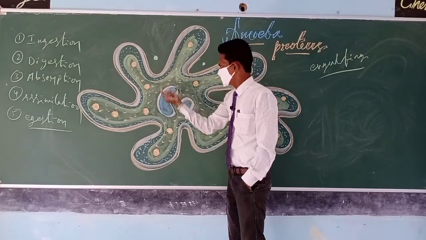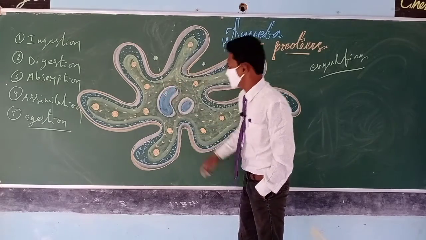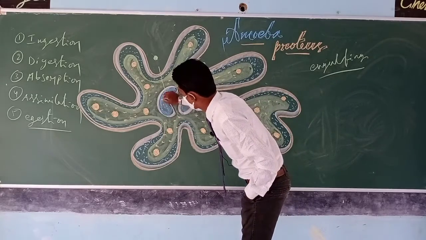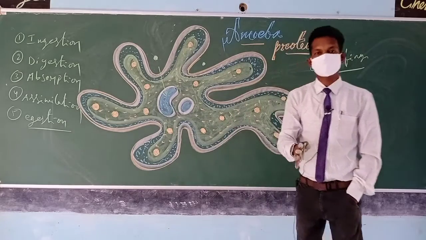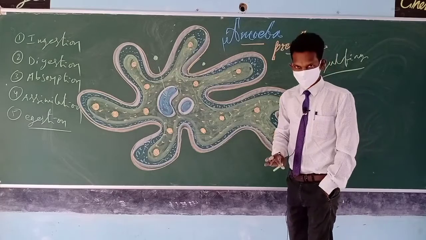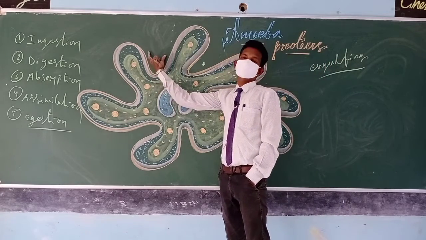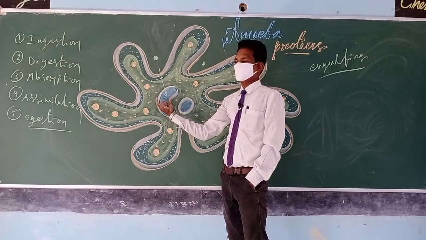After engulfing, the food particle reaches the food vacuole. Inside the food vacuole, the food particles are broken down from complex form to simple form. That is called digestion. So engulfing the food particle, or taking the food particle into the body of the amoeba with the help of pseudopodia, is known as ingestion.